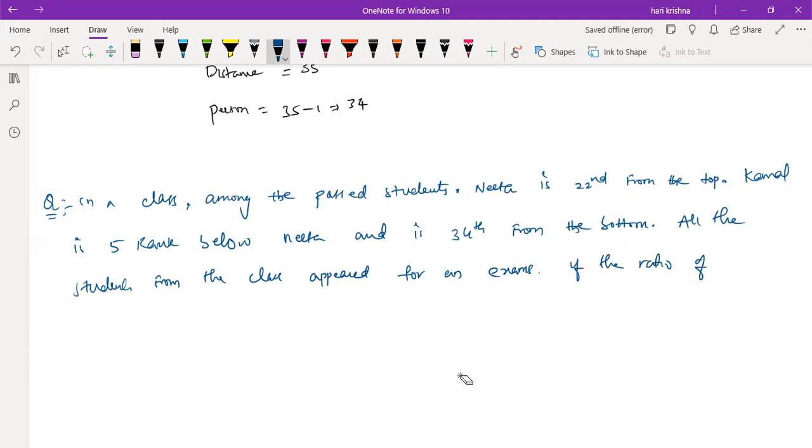If the ratio of passed to failed students is 4:1, then how many students are there in the class?